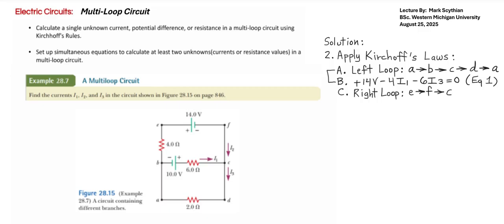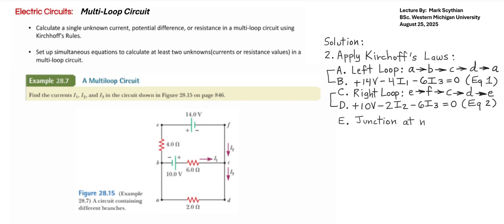And then we have the right loop, E to F to C to D to E. And then we have positive 10 volts minus 2 times current I2 minus 6 times current I3 is equal to 0. So that will be equation 2. And C and D correlate to each other.